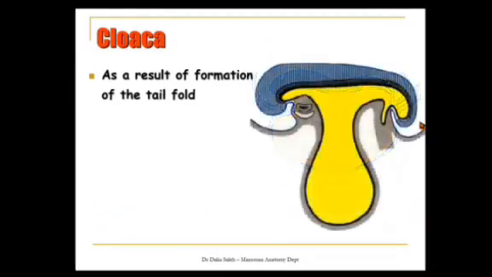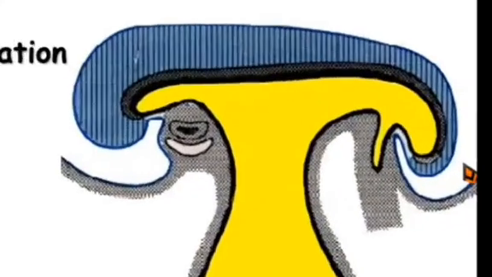Then, as a result of formation of the tail fold, or bending of the embryo in the caudal direction, the allantois and the connecting stalk will get to the ventral aspect of the embryo. Instead of being at the tail, they will become at the ventral aspect of the embryo.